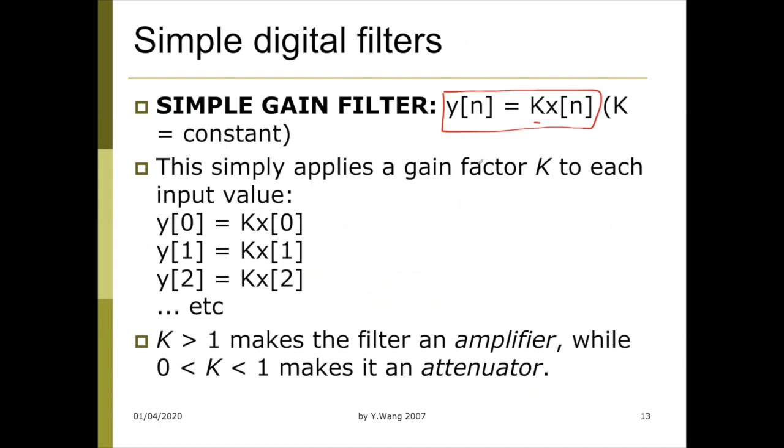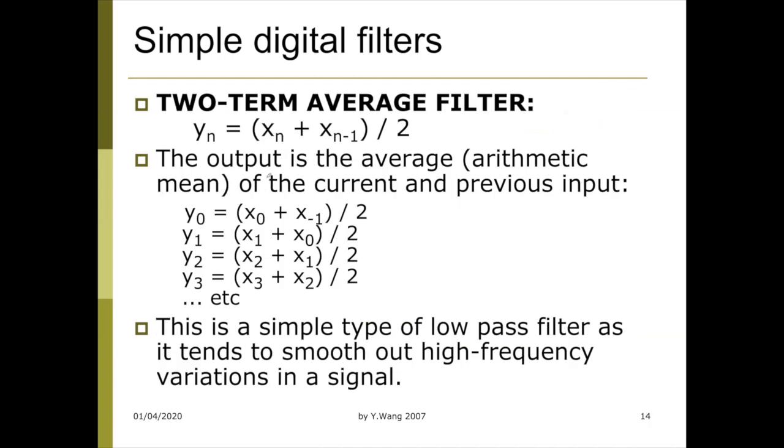Depending on the coefficient, you can create an amplifier, or if k is between 0 and 1, it becomes an attenuator. The second simple filter is the moving average filter, which we did in a previous slide, just written in a different form. This is a simple type of low pass filter, and it tends to smooth out the high frequency variation in the signal.